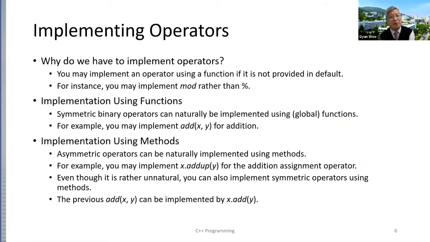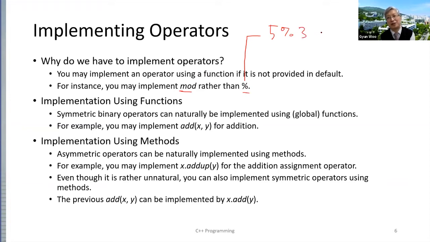So for implementing operators, you may implement the operator using functions if it is not provided by default. For instance, you may implement mod rather than the percent operator. You may consider that these two are the same, but this is not true. The percent operator has the same meaning as modulo by 3.